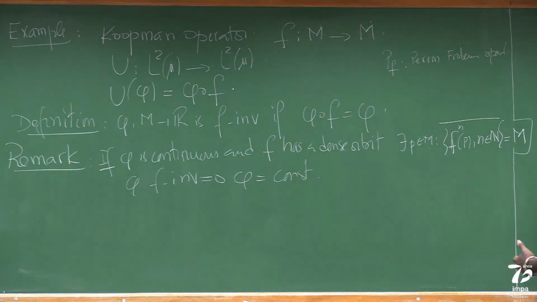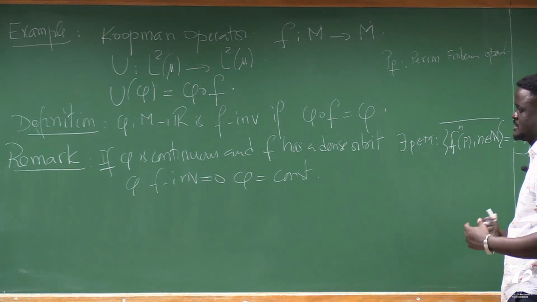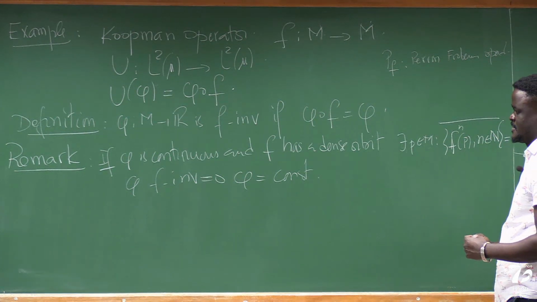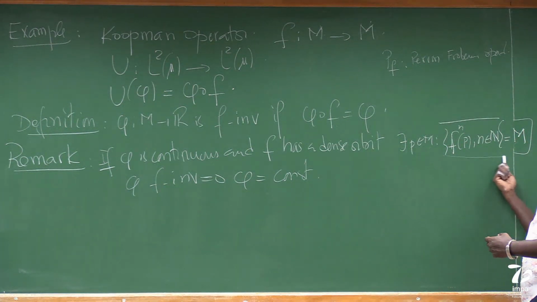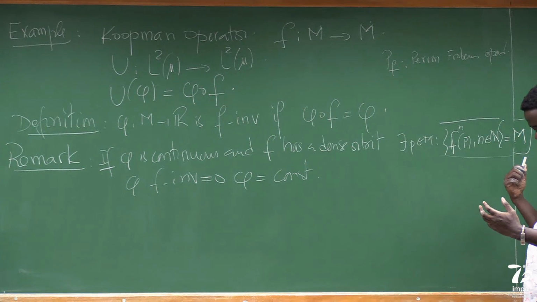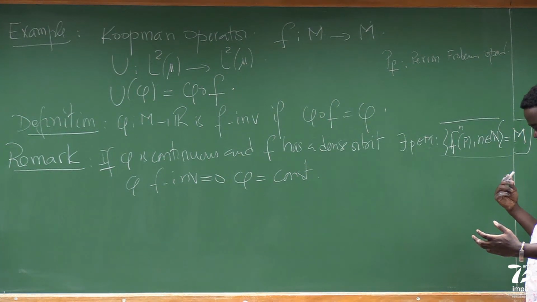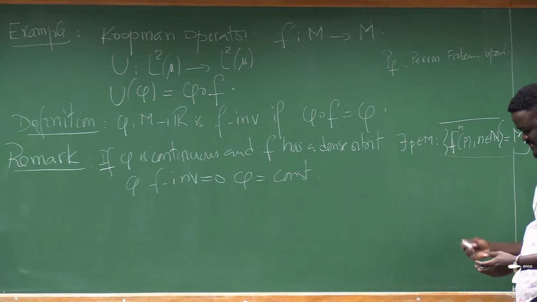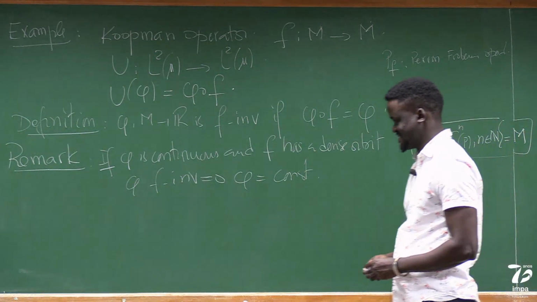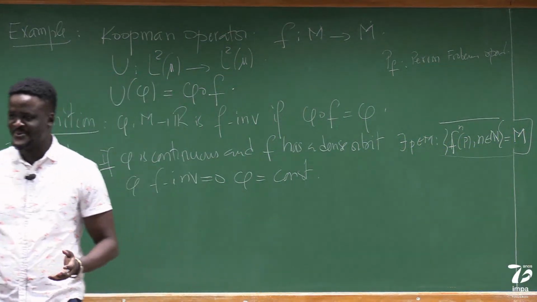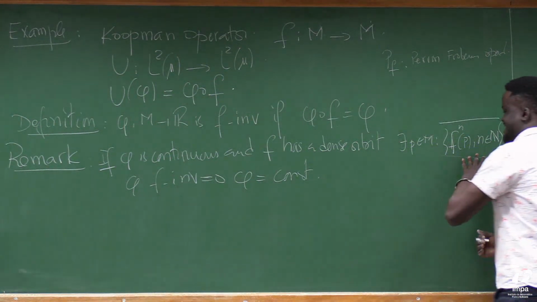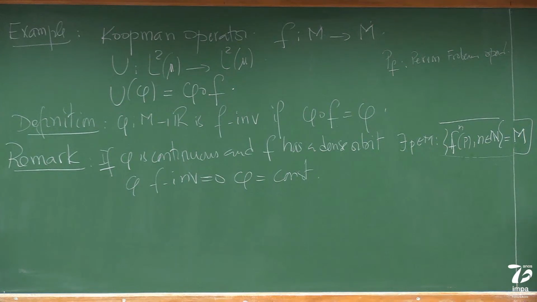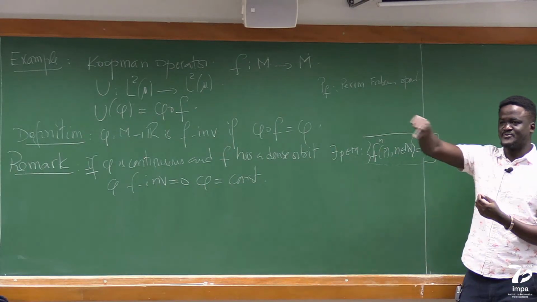Okay, but in the next chapter we will see. Before that, this property here, having a dense orbit, is something that many people, I would not say physicists, but there are some people who really think of this as being ergodic. Like you have a point that goes everywhere.